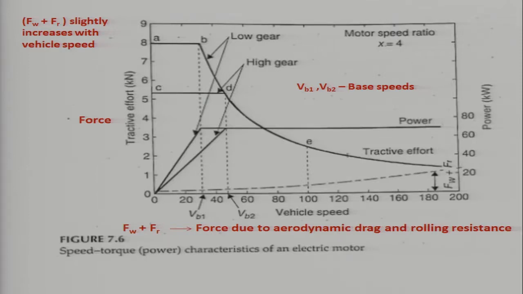Here is the speed torque characteristic of the electric motor used for traction purposes. For low gear you have this characteristic, and for high gear you have this characteristic. VB1 and VB2 are known as base speeds.